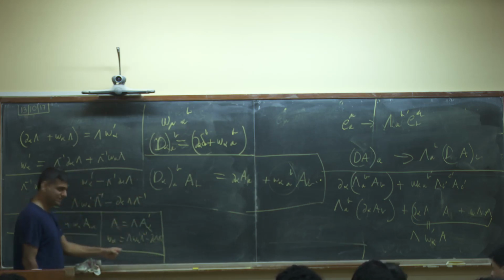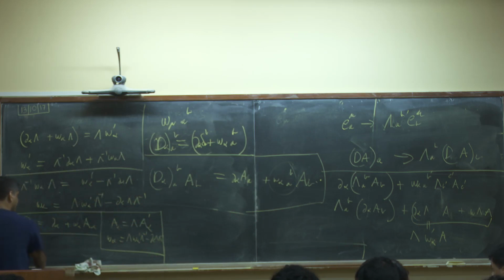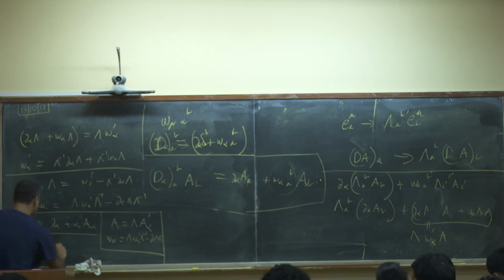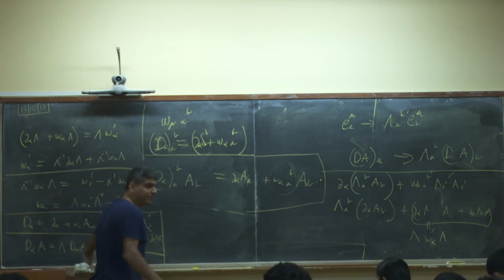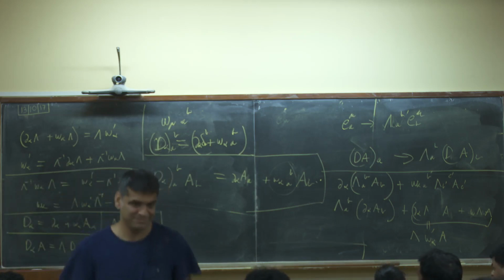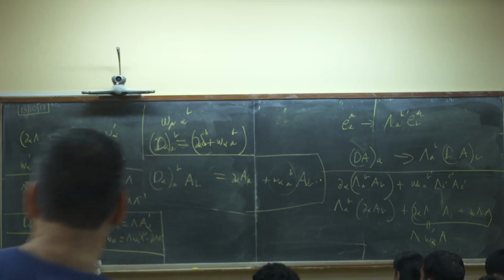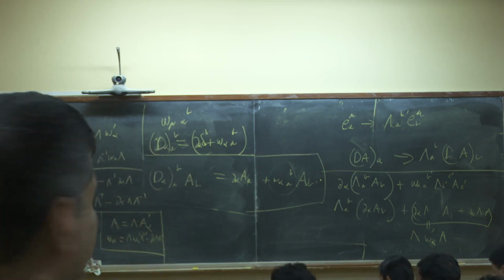We do these two things, then D alpha A is equal to lambda times D alpha A prime, where D alpha A prime is now defined with the primed spin connection.